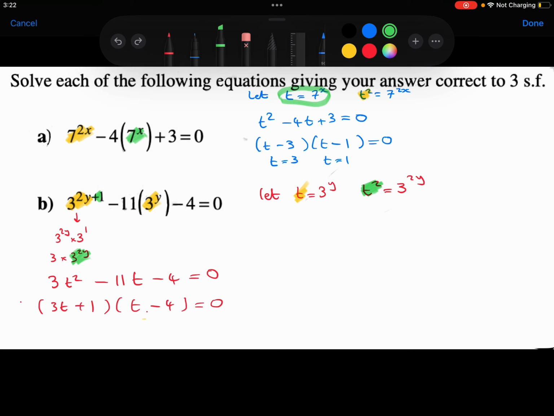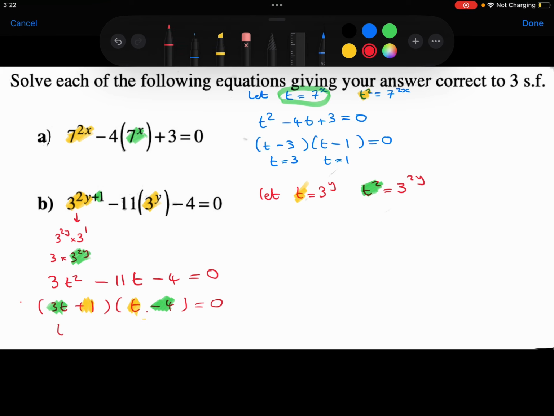I think this times this gives me this. And I just need to check for the minus 11t in the middle. This would give me minus 12t. This would give me 1t. And the minus 12t and the plus 1t gives me the minus 11t.